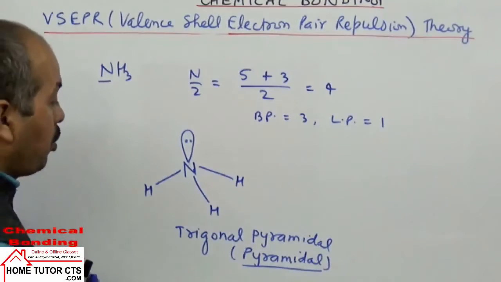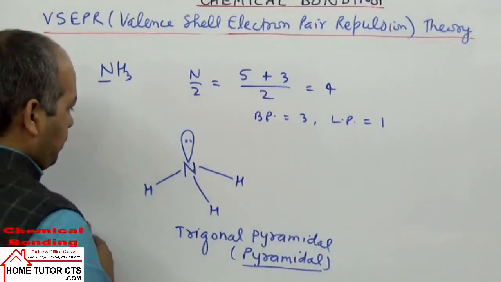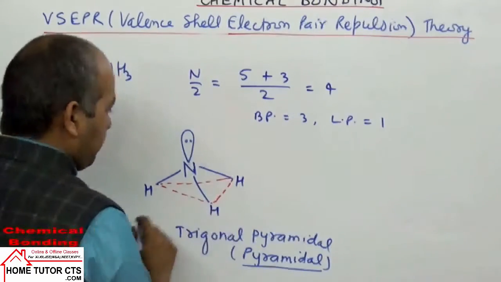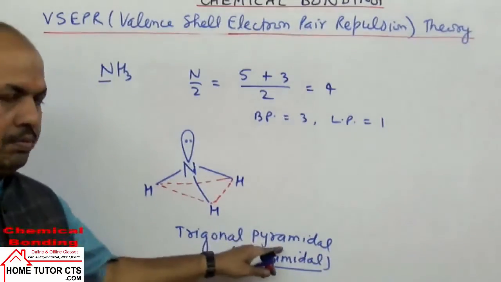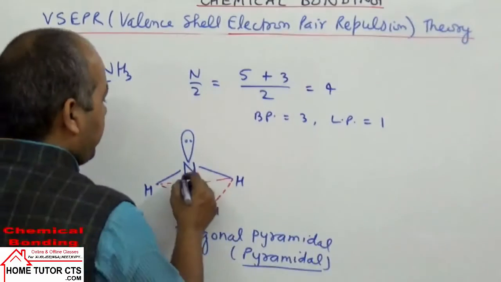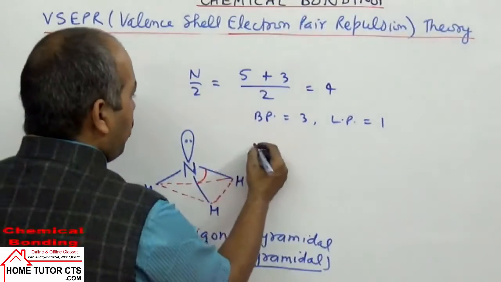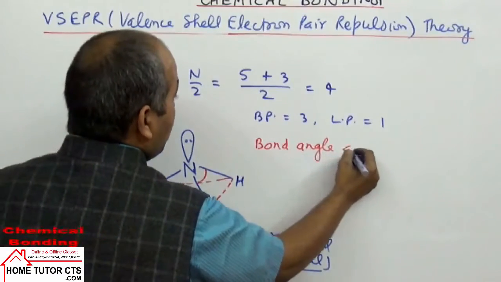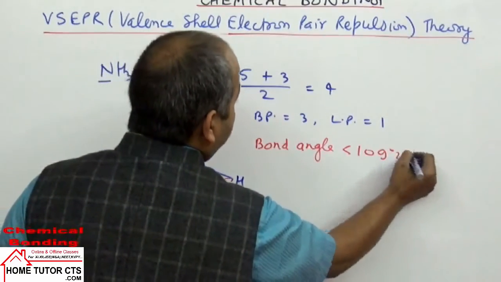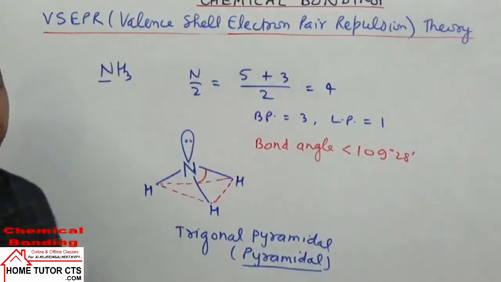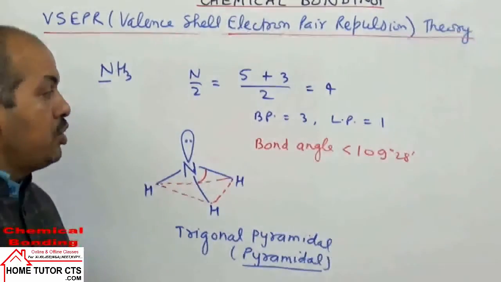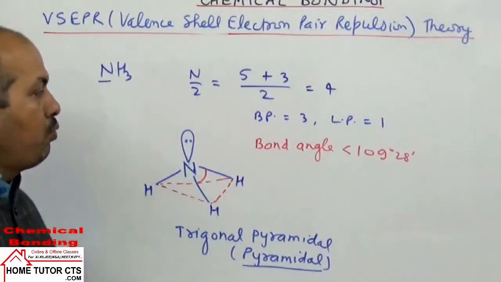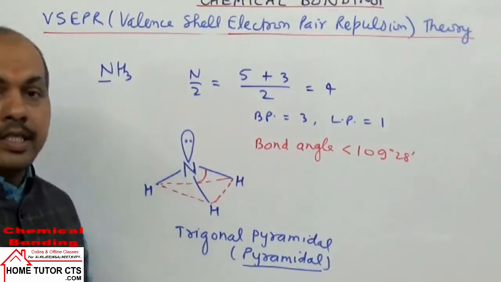Now in this case, what is the bond angle expected? When we join the corners, the base becomes trigonal and the pyramidal shape is there. In this case, the bond angles become less than 109 degree 28 minutes, which is the bond angle expected for the tetrahedral geometry.